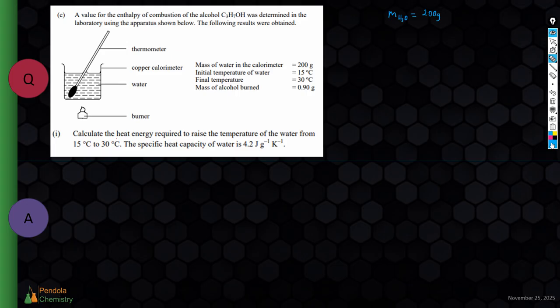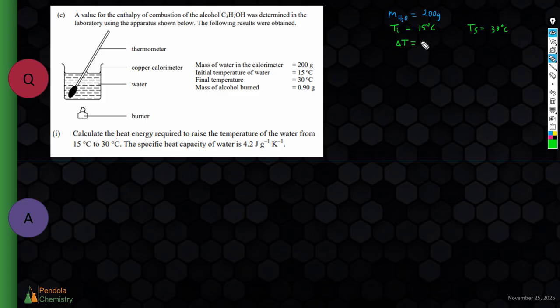Then they tell us the initial temperature, and we're using green. The initial temperature of the water is 15 degrees Celsius, and the final temperature of the water, TF, is 30 degrees Celsius. So they don't give us delta T, but we can calculate delta T from those two numbers.